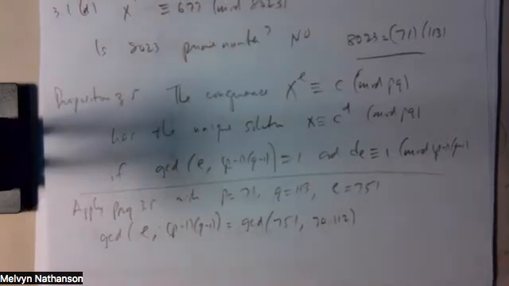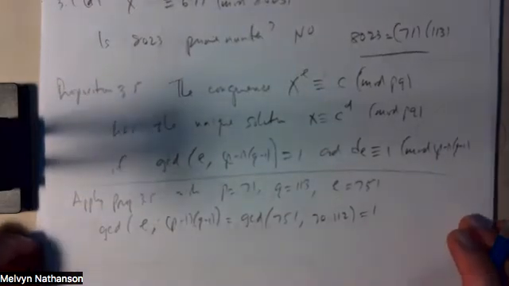You can calculate that by the Euclidean algorithm if you like, but computers are certainly allowed. The greatest common divisor of 751 and 70 times 112 is 1.